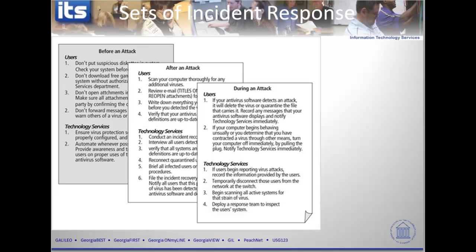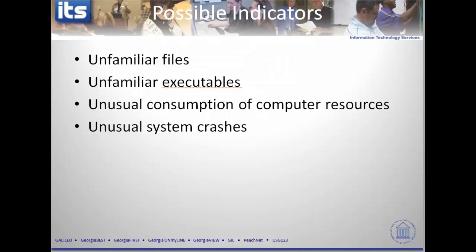All right, let's look at computers, or IT in particular, and some of the indicators now that you've got an incident that's ongoing. And what we'll do is we'll start off with possible and move to definite. All right, so here are some possible indicators that you've got a computer attack going on. You see unfamiliar files on your computer, unfamiliar executables.